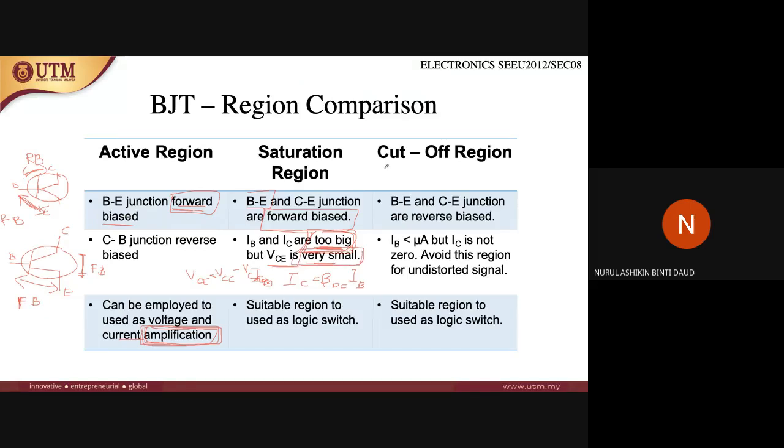This saturation region is suitable for use as a logic switch.